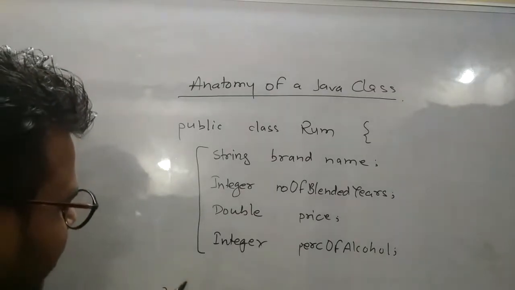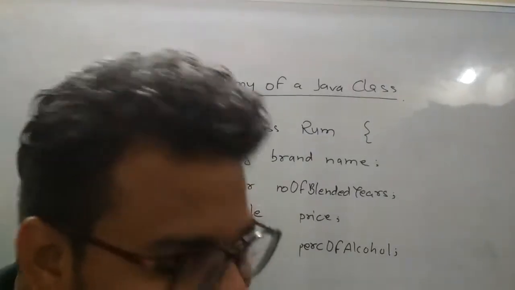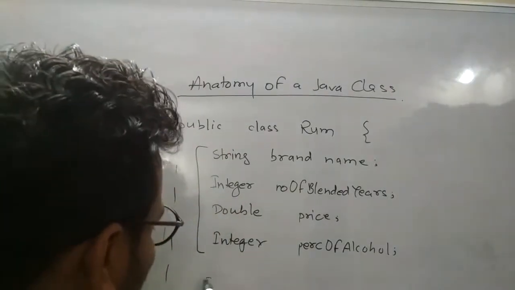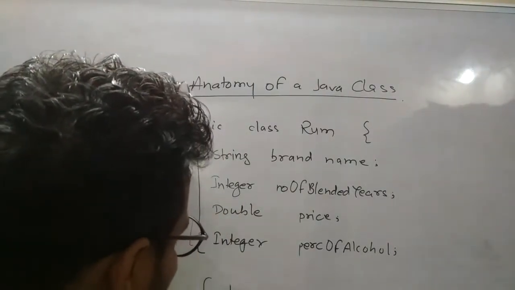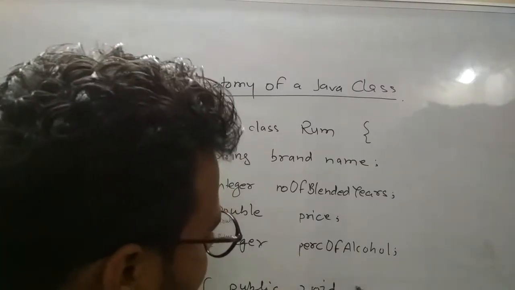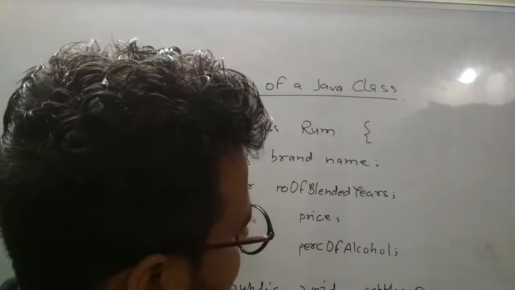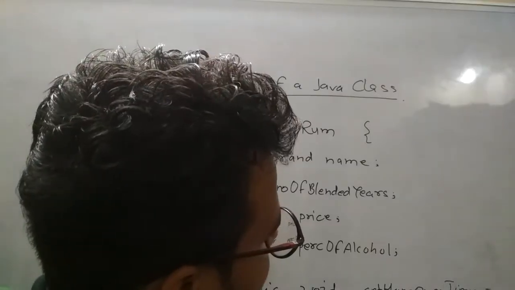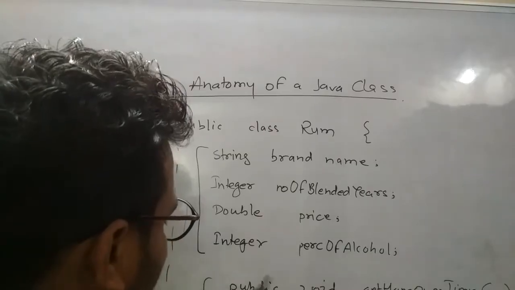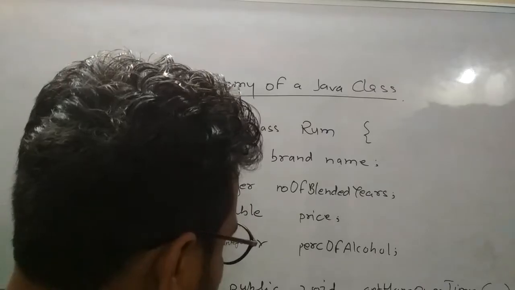Suppose we also have a method which will represent the behavior, that is what it does, and you know what it does. Let me write a method: public void getHangoverTime. This method will give us the hangover time of this Old Monk. Suppose the hangover time is 15 minutes, then let's print it.